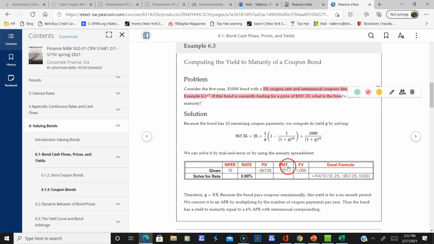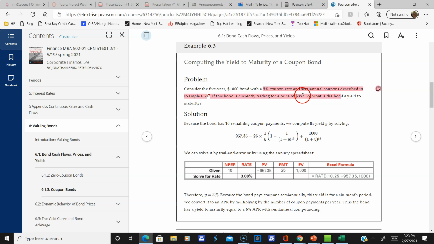It's 5 years, but it's 10 6-month periods, so that's why this is a 10. Then it says you currently paid this much for the bond.